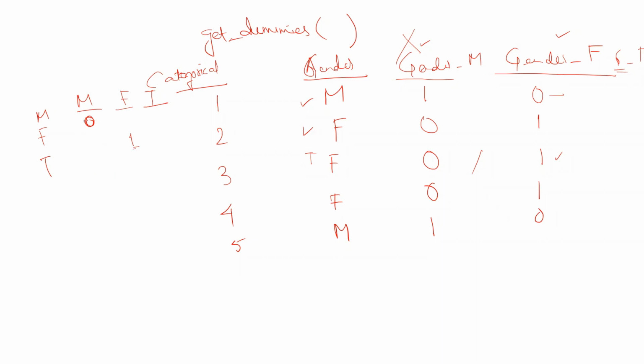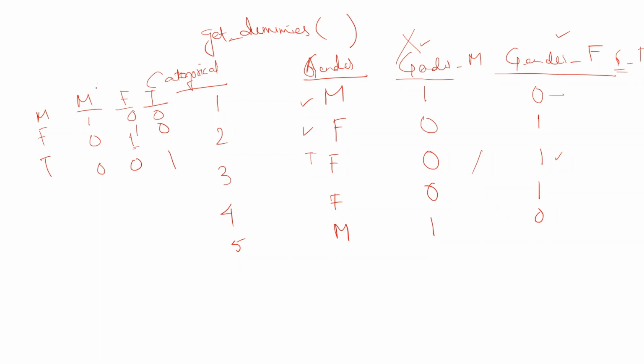If there is male, you'll have 1, 0, 0; then 0, 1, 0; and then 0, 0, 1.